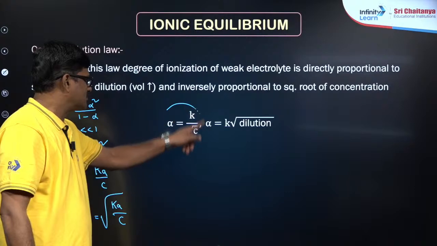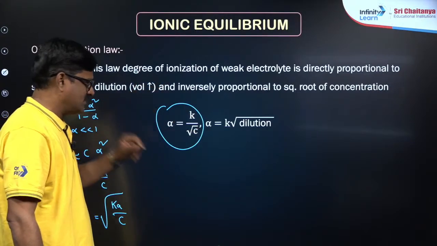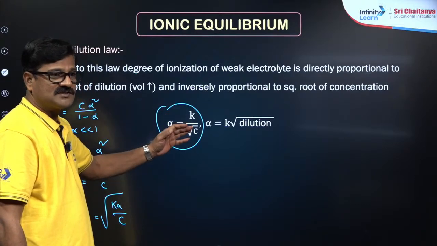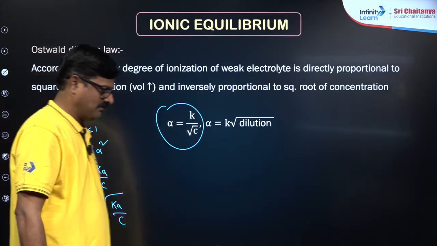So, this is what is called Ostwald dilution law. As dilution increases, what happens? The concentration is going to be decreased, right? So, degree of ionization increases.